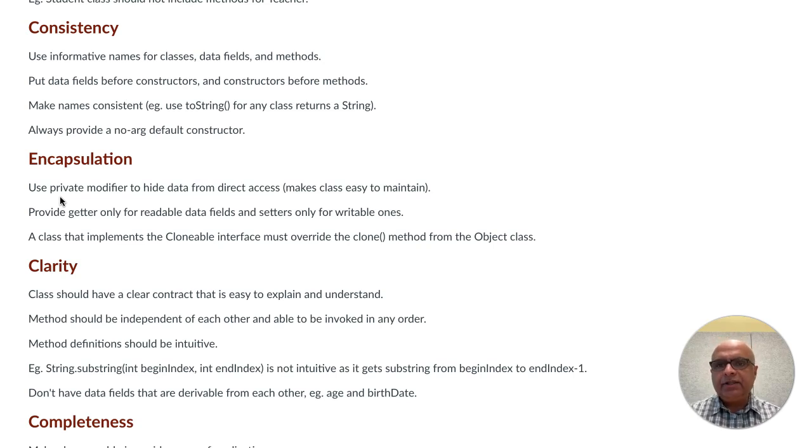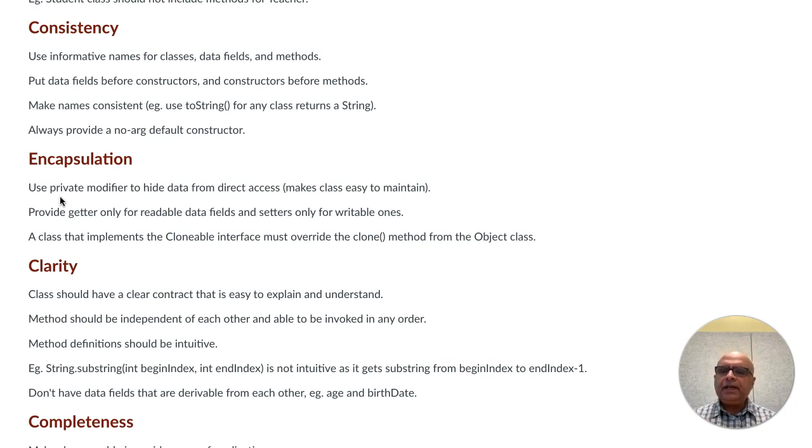Provide getter-only methods for data fields that are only readable. Provide setters for data fields that are writable. A class that implements the clonable interface must override clone, right, from the object class. Otherwise, it won't be available outside the class.